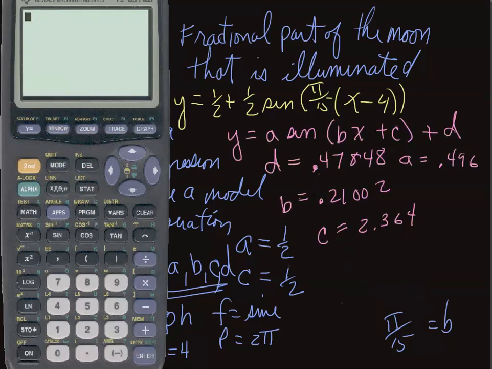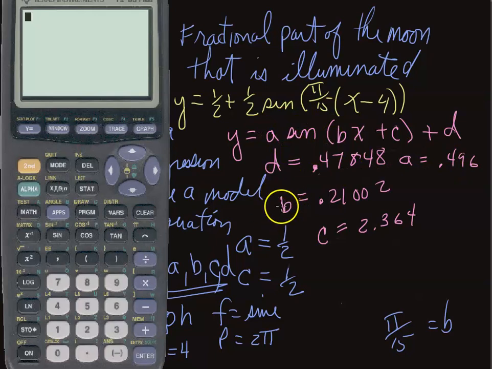So there are two things going on here, really. We called this 1/2 C. They called that D, and that was 0.478, which is pretty close to 1/2. We called this A, so did they. Ours was a negative 0.496. We'll take a look at that in a second.